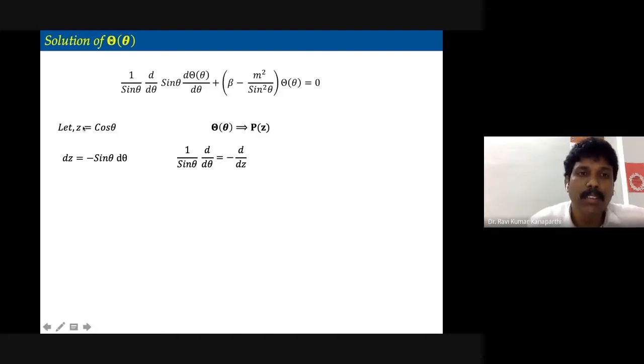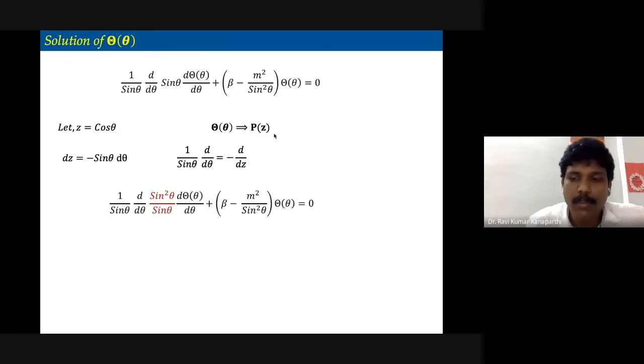Now I made a new variable, z is equal to cos theta. Then you can calculate dz and evaluate these numbers. This is a differential equation which is a function of theta of theta, and it will be converted into some new function. That new function I am calling p, and this p will be a function of z.